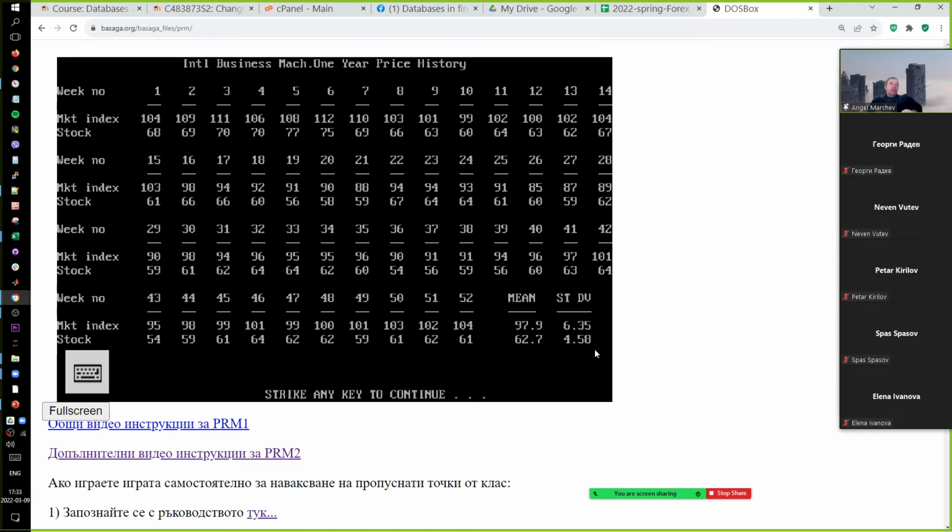So the standard deviation, I would like to remind you, we are going to have this as a lecture anyways, is a way to calculate the possible risk in a current situation.